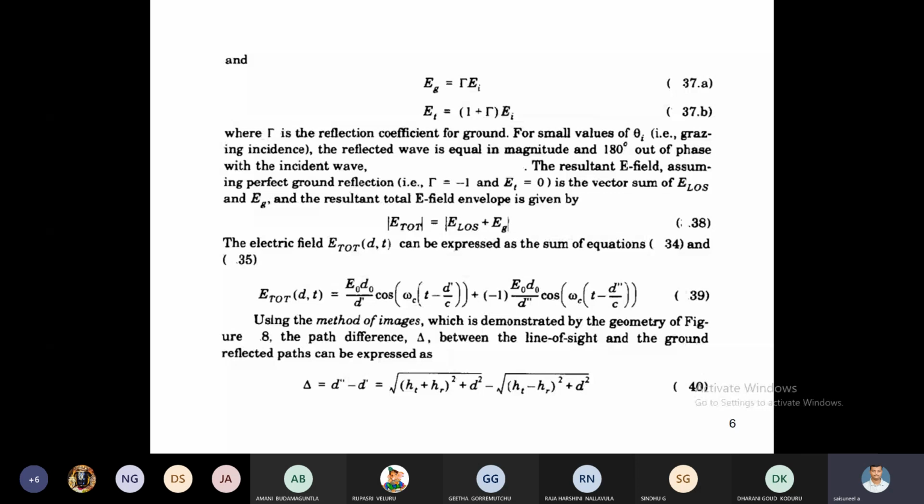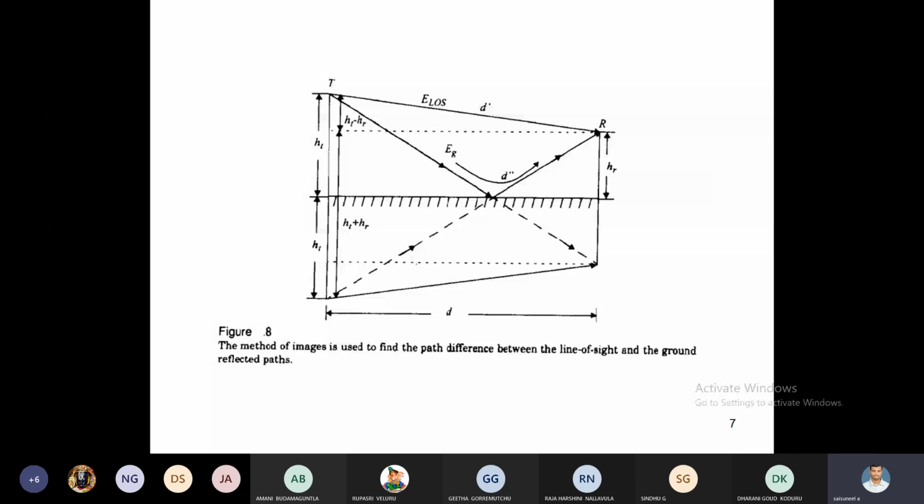Method of images. First, see this. This is the method of images. First of all, we take the basic ground reflection. This is the transmitter height HT, and the receiver height is HR. Consider two paths: one is the line of sight path, ELOS, and the second is the ground reflection path, EG. Here d dash is the distance traveled by the line of sight path. What is d double dash?